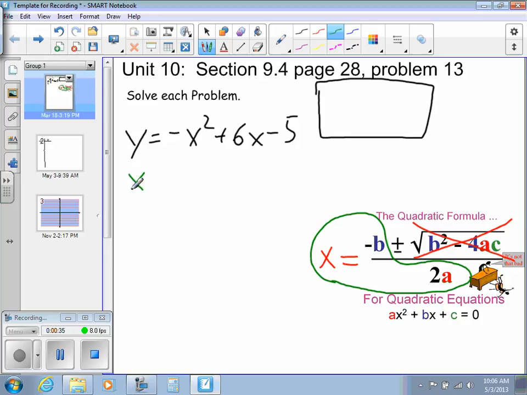So I've got x equals, and I'm going to plug in negative b. Well, my b is 6, so negative 6, and that's over 2 times my a, which is negative 1.